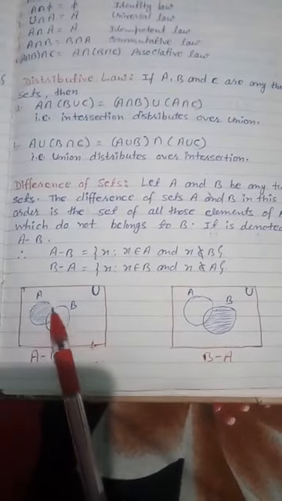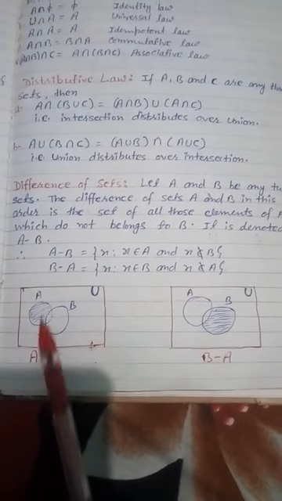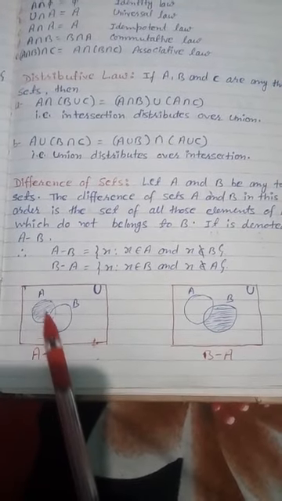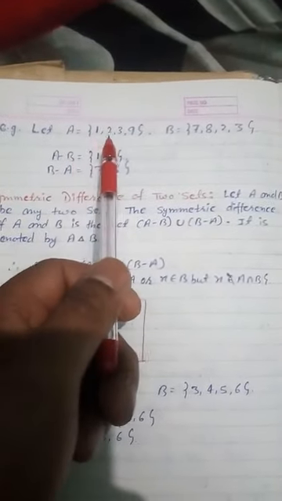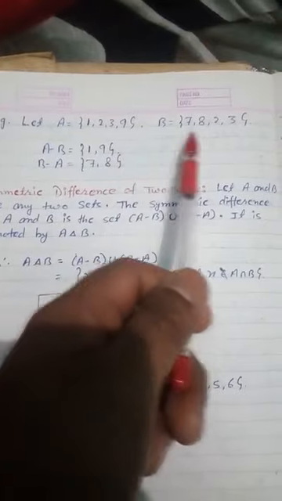You can see the shaded region is our result. A minus B means the elements which are in A but not in B. For example, suppose we have A as a set with elements 1, 2, 3, 9 and B as 7, 8, 2, 3.